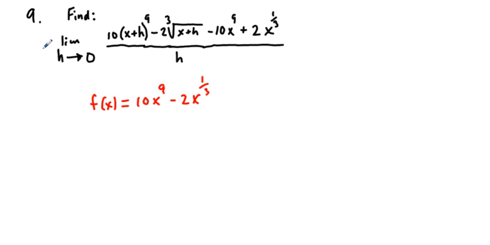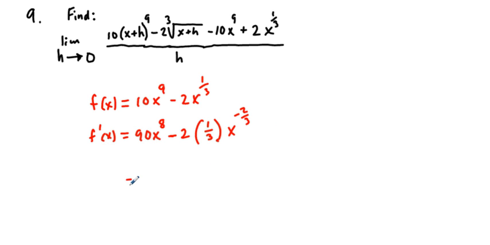And so to find the limit as h approaches 0, we need to take f prime of x. So f prime of x is going to be 9 times 10. That'll be 90x to the 8th power. Is that right? Minus 2 times 1/3, and we're going to have x to the negative 2/3 power.